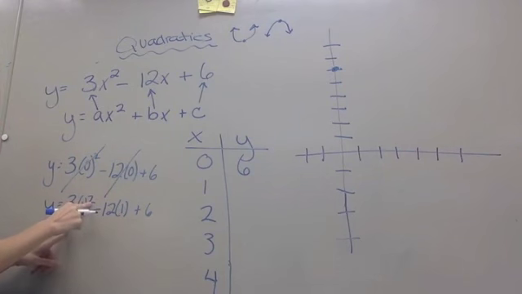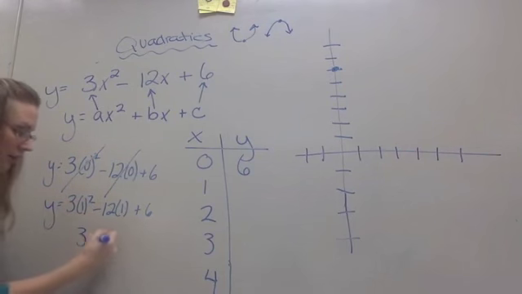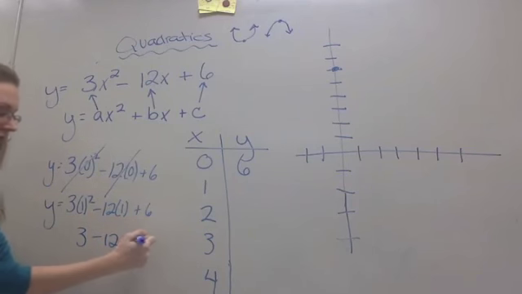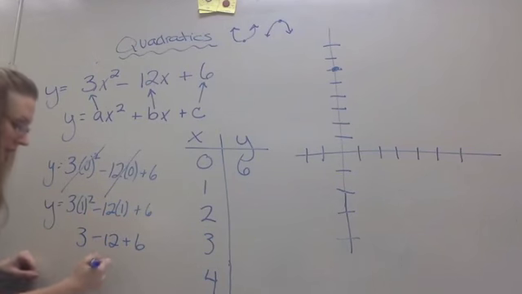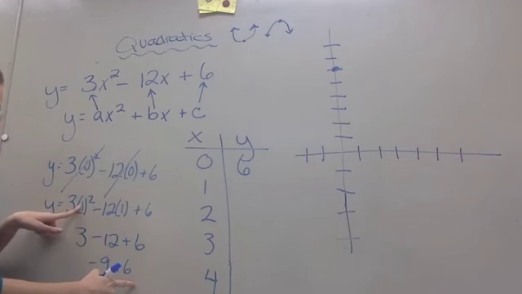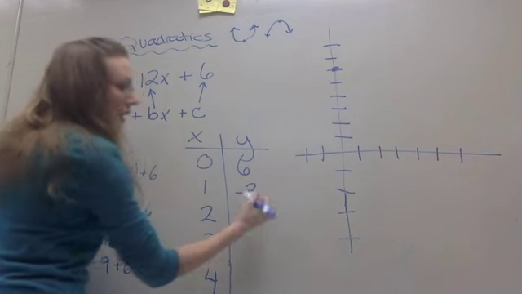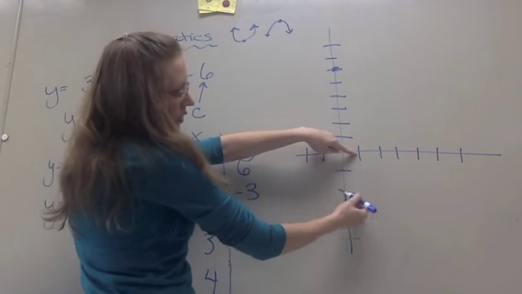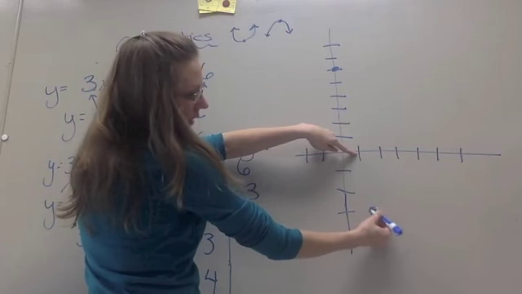So 1 squared is 1, 1 times 3 is 3, minus 12 times 1 is 12, plus 6. Well, 3 minus 12 is negative 9, plus 6 gives me a negative 3. So when x is 1, y is going to be negative 3. So x is 1, y is negative 1, 2, 3. Right there.